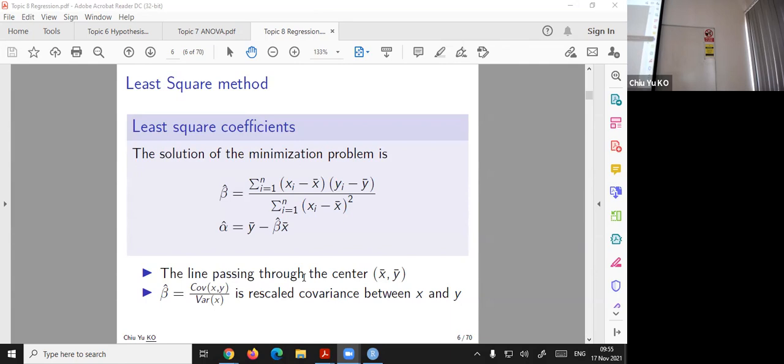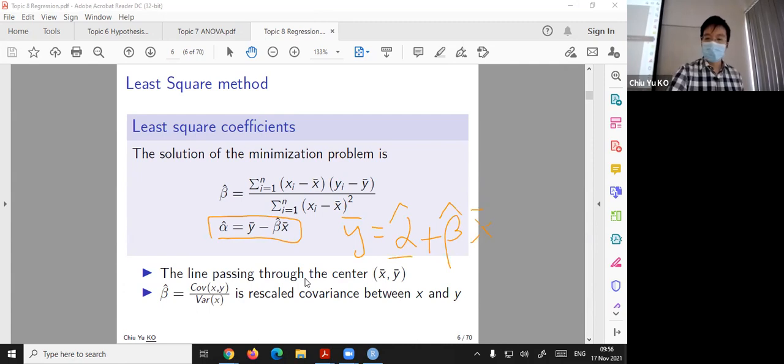But we will try to explain to you why this formula and what this formula means. The first thing to notice is the slope intercept form. This is the estimated intercept. This is the estimated beta. So when you rewrite this formula, it is y bar equals alpha hat plus beta hat x bar, right?